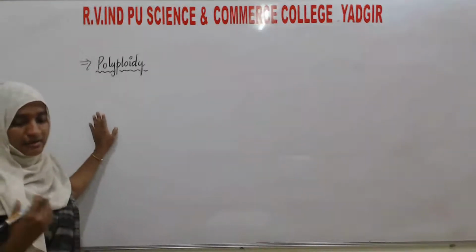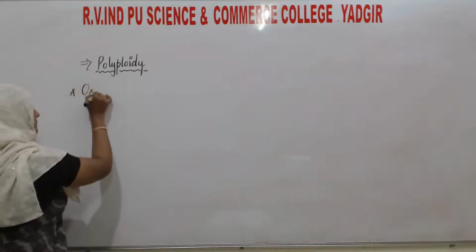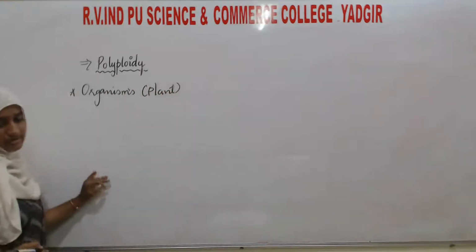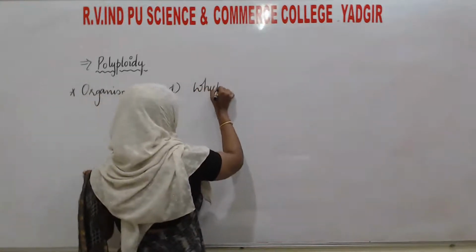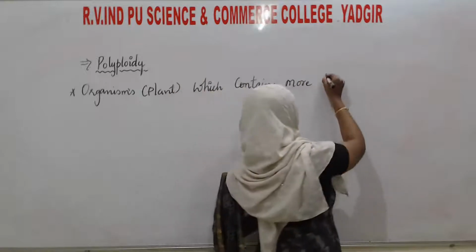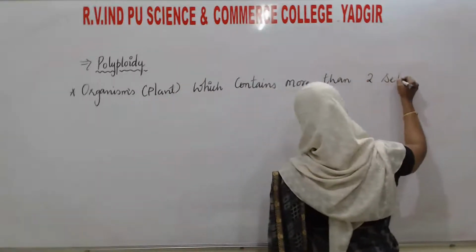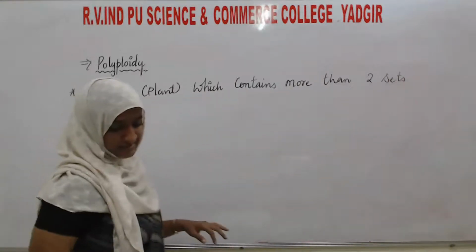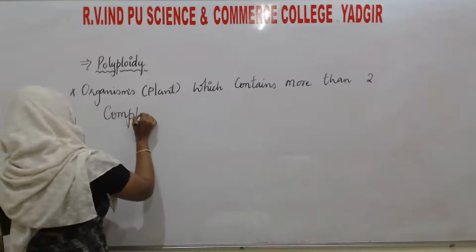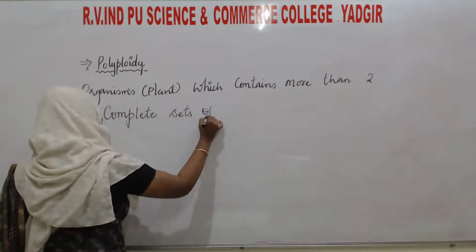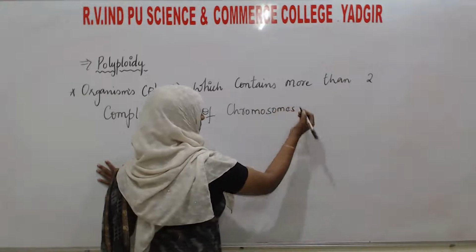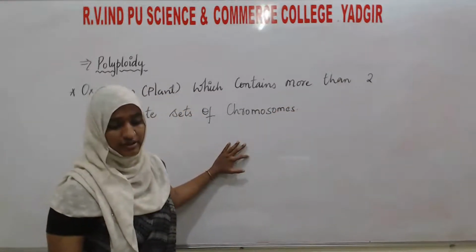So the organism that we are taking is the plant, which contains more than 2 complete sets of chromosomes, and that particular condition is known as polyploidy.